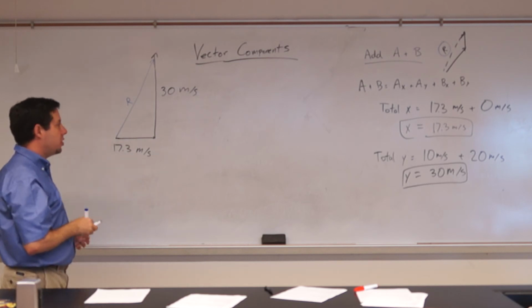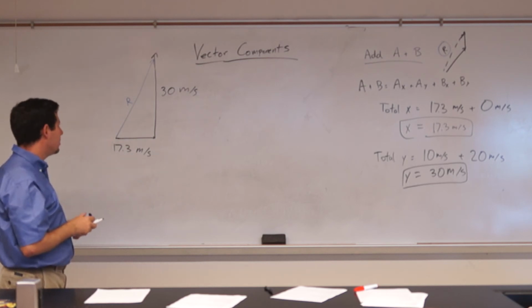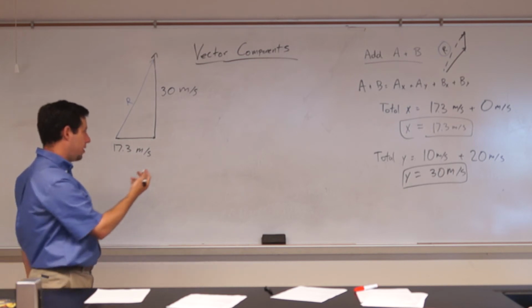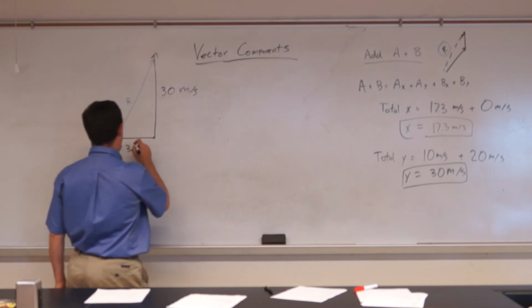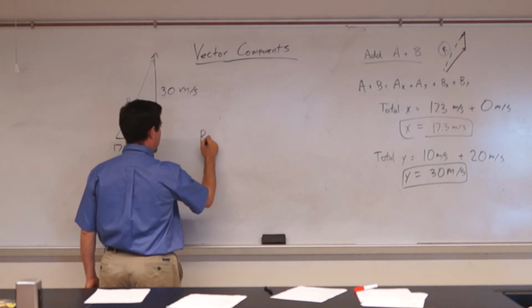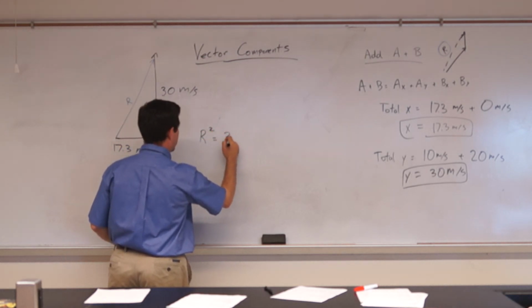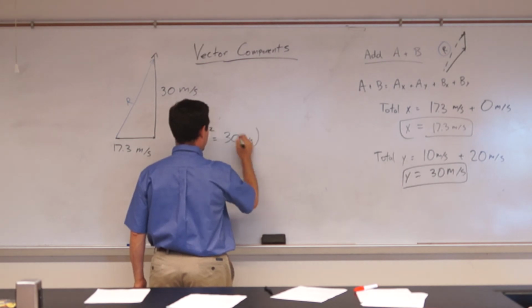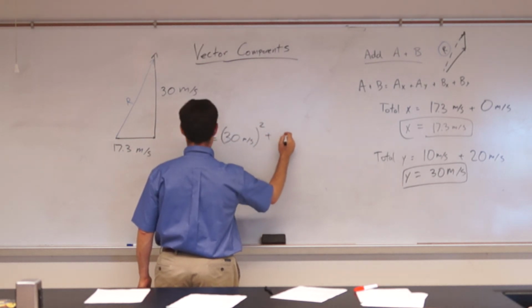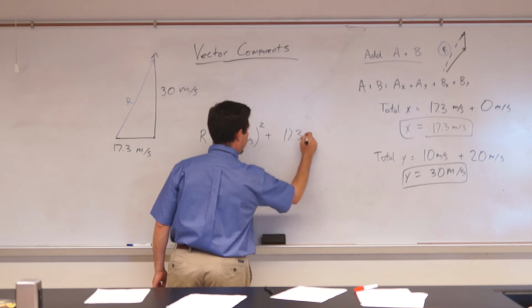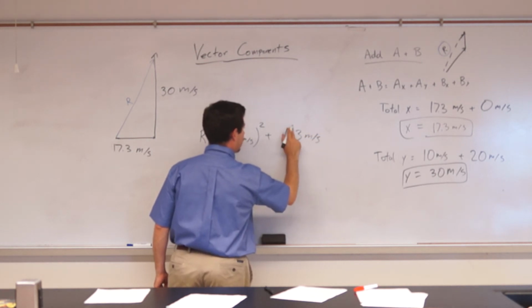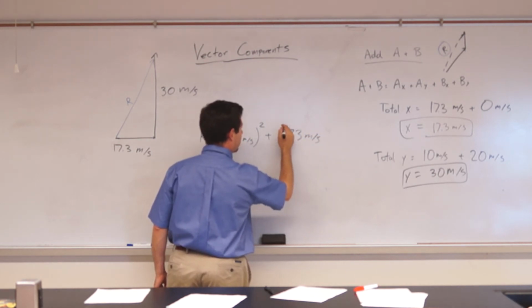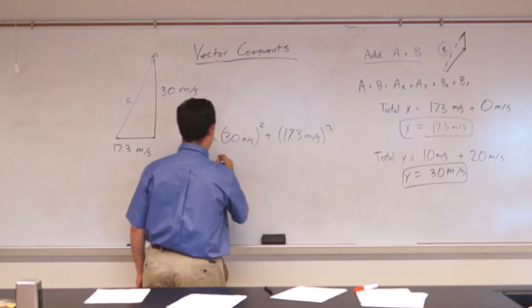Now the resultant R should be really easy to find. You could use the Pythagorean theorem, for example, and you could say R squared equals 30 meters per second squared plus 17.3 meters per second squared.